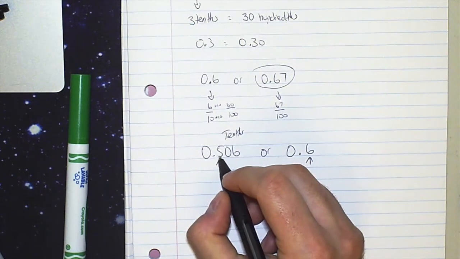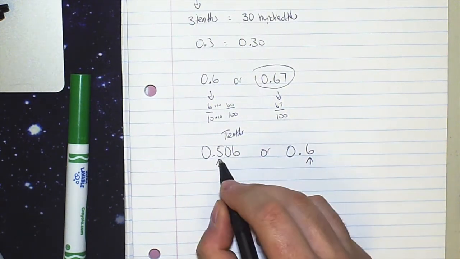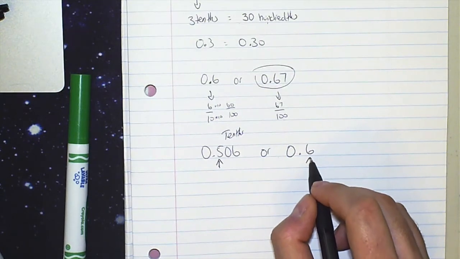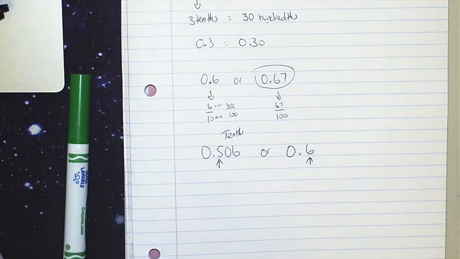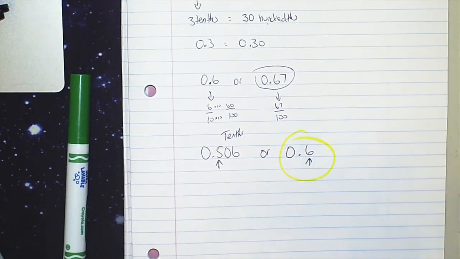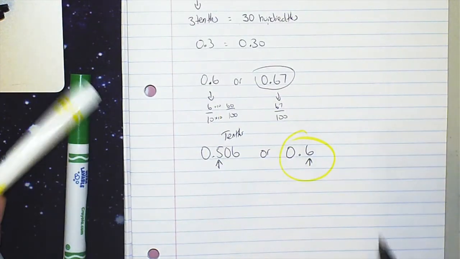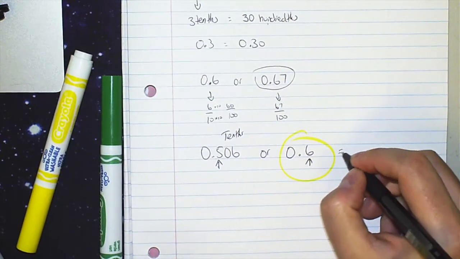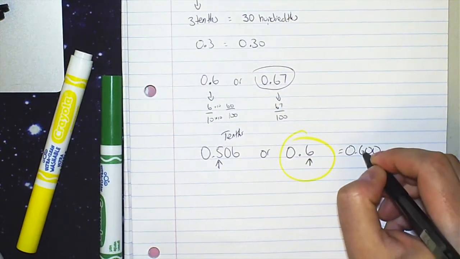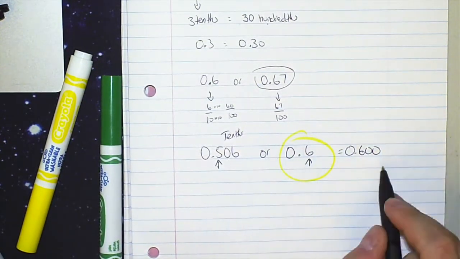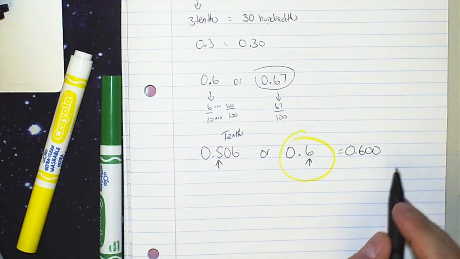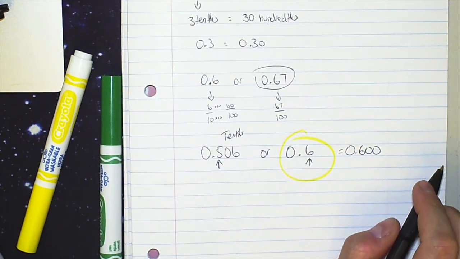You look at this one. These two matter. 5 and 6. The 6 is bigger than the 5. Therefore, this number is the bigger one. Okay? Because really, 0.6 is like saying 0.600. 506 or 600. We know that 600 is the bigger number.